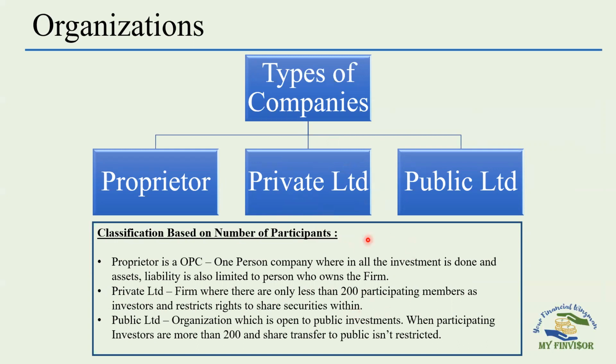And if the number of investors or shareholders is beyond 200, they are called a public limited company. Of course, there are a lot of companies, government company, public holding company, government holding companies. Okay. But in terms of participating members, these are the major three categories. So these are the public limited companies.